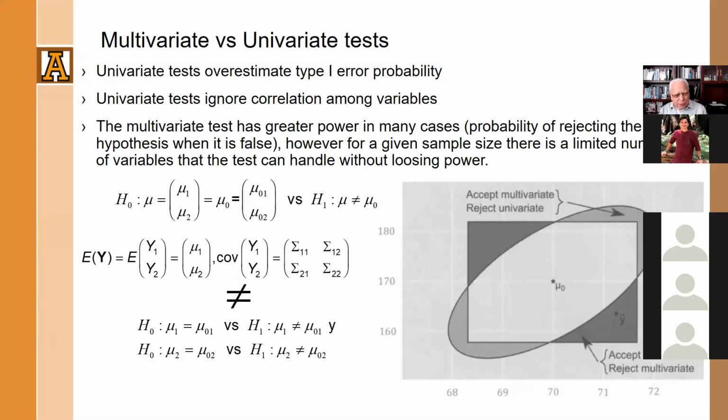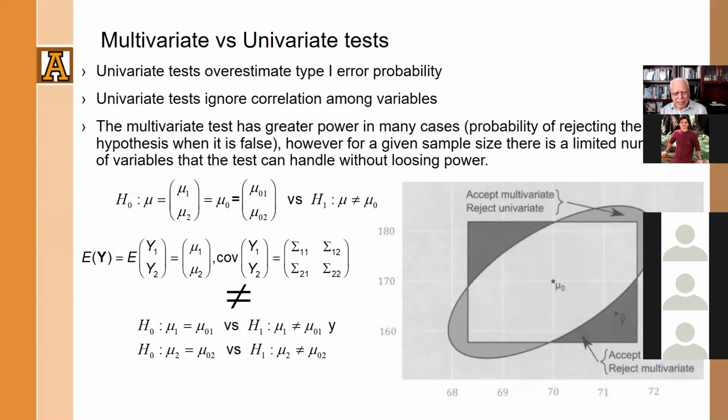Okay, suppose that we're testing the hypothesis that mu1 is equal to mu null 1 versus the alternative that it's different, and mu2 is equal to mu null 2 versus the alternative that it's different. We're testing that hypothesis.